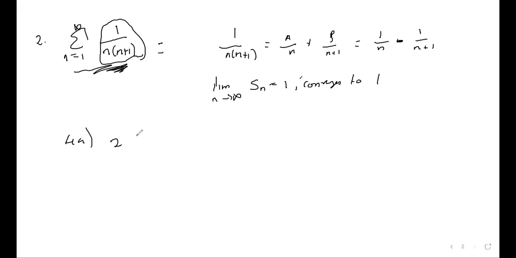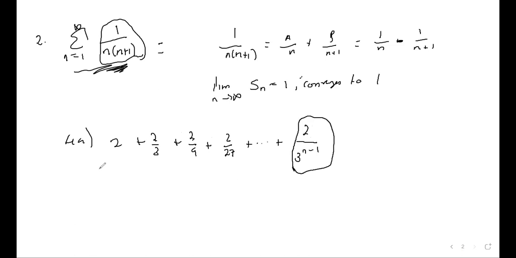So we have 2 plus 2 over 3 plus 2 over 9 plus 2 over 27 plus, and they are now giving us a formula, 2 over 3 to the power n minus 1. This is able to retrieve all the other terms. For example, when n is 1, we get 2 over 3 to the power 0, which is just 2.